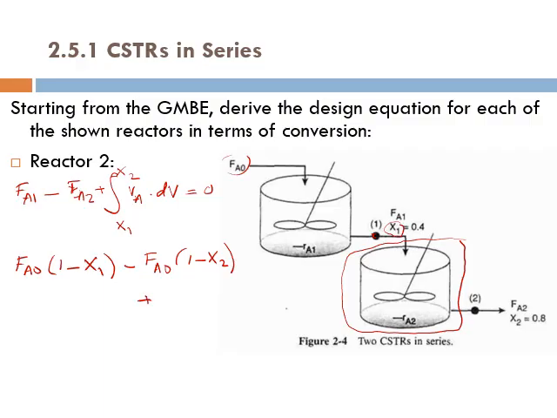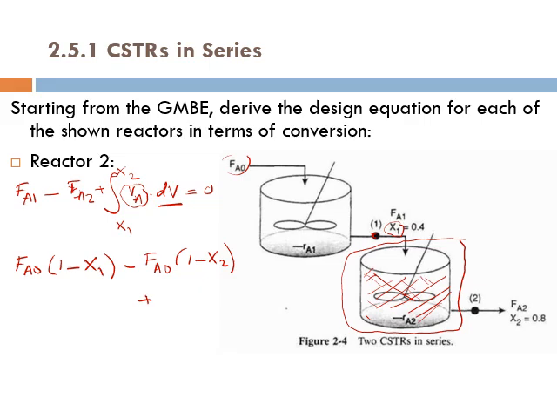x2, plus, let's look at the rate of reaction inside reactor 2. Let's look at the generation term inside reactor 2, right? When we say plus generation, we mean generation in this system, which we're doing the balance around. The rate of reaction in reactor 2 is not a function of volume, because it's a CSTR, so it goes outside.